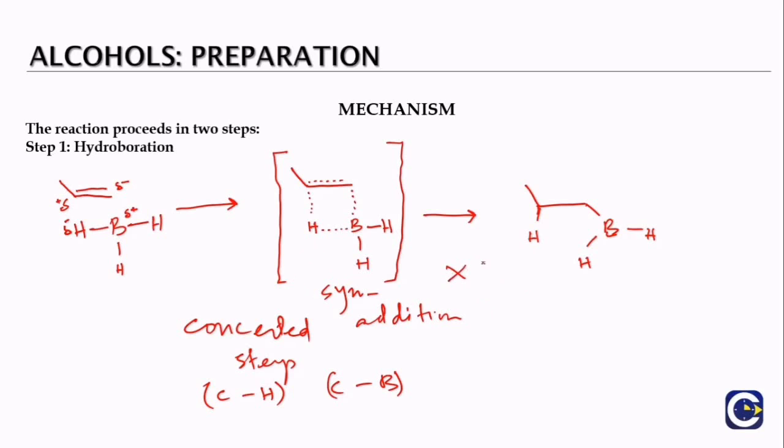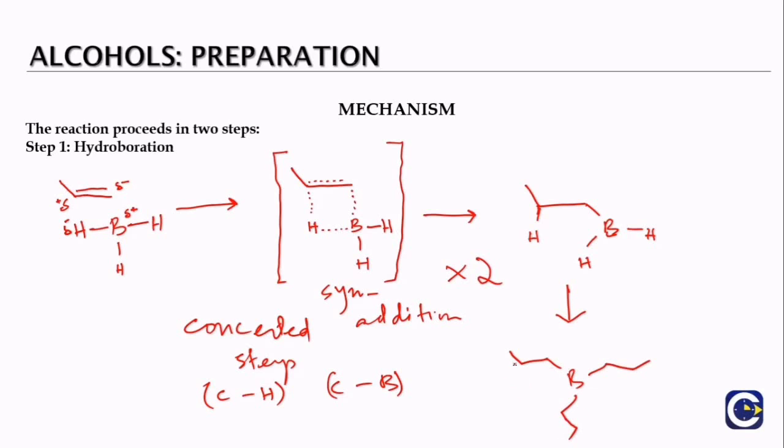Okay, so this is the first step of hydroboration, and this step is going to repeat 2 more times. Again 2 times the reaction will repeat, and these 2 hydrogens will also be removed and substituted by our alkyl group, as in this case. What we're going to get is a boron that is attached to 3 alkyl groups.